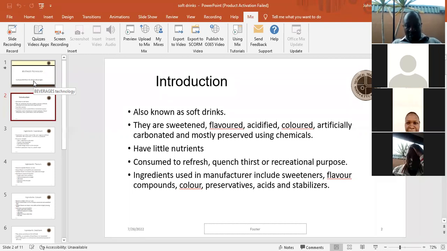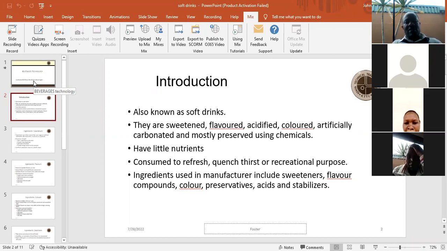They have some important characteristics. One is that they are usually carbonated. That means they are preserved using carbon dioxide. The other characteristic is that they do not contain alcohol, so that's why we call them non-alcoholic or soft drinks.